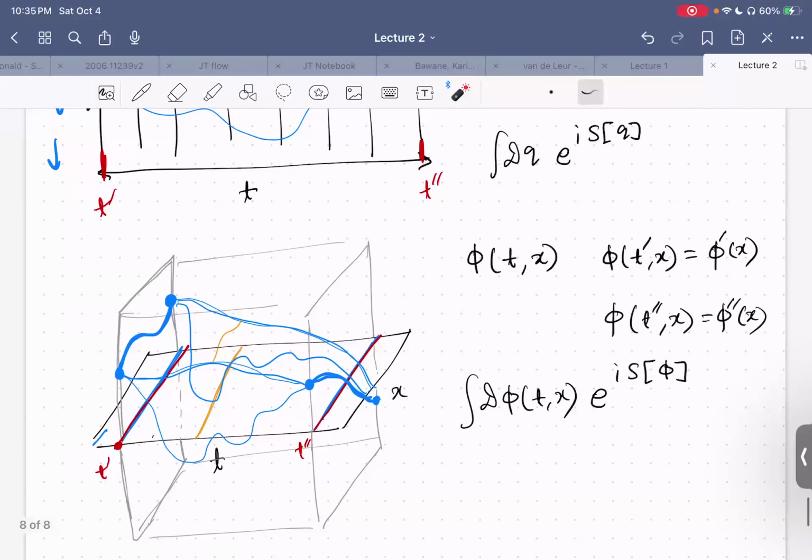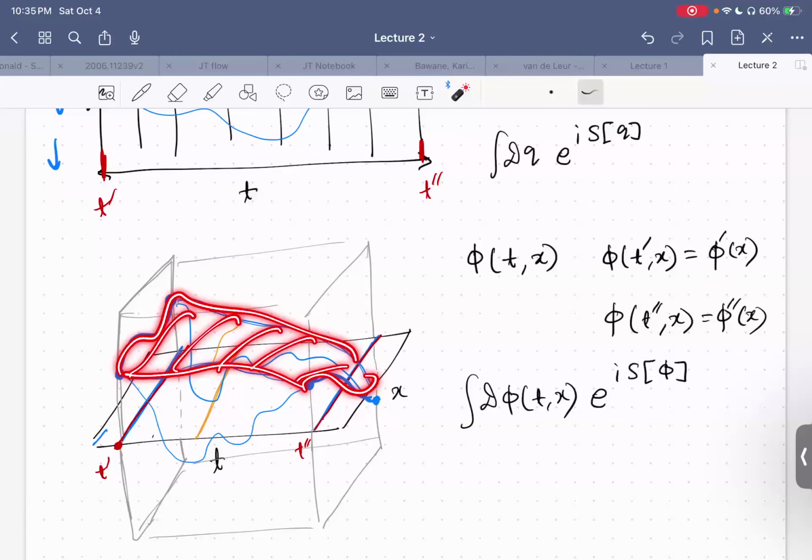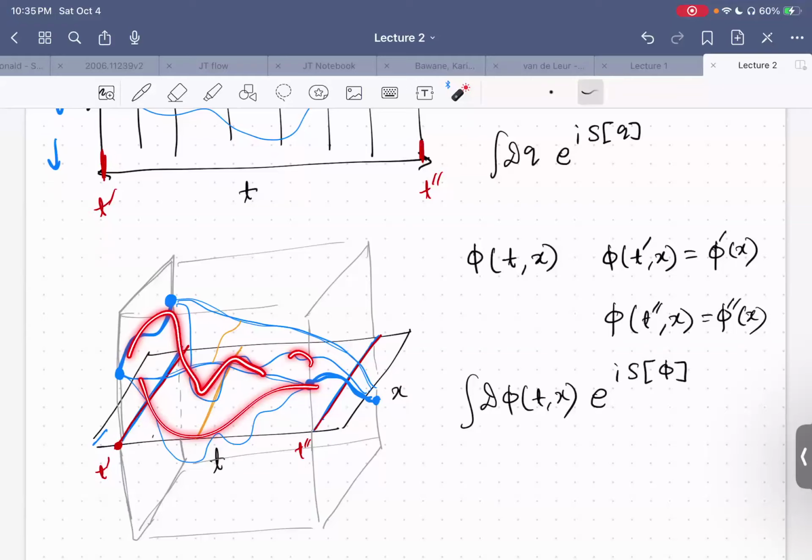We will sum over all of these paths, but now the paths are surfaces. And for each such path, we will figure out a way to compute a number. And then we will sum over all possible paths, or in this case, all possible surfaces. And then again, we sum all of these phases, and this will be a transition amplitude from this function to this function.